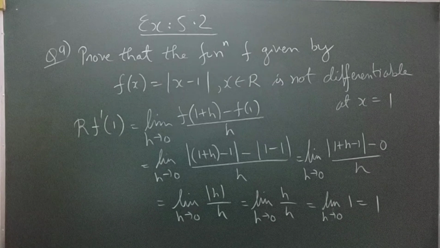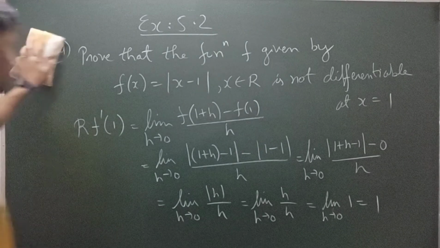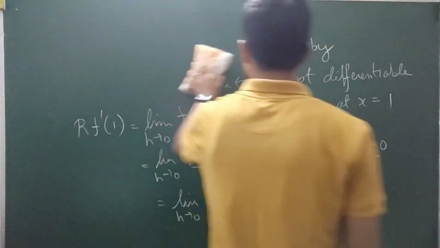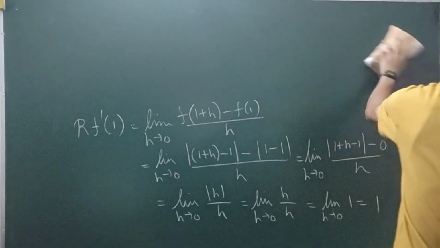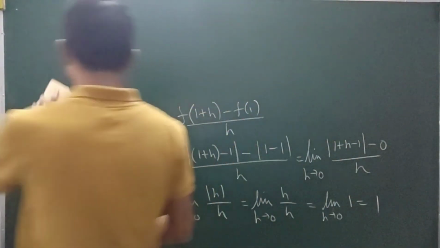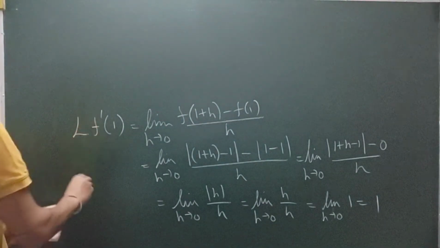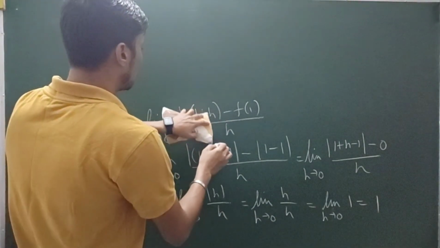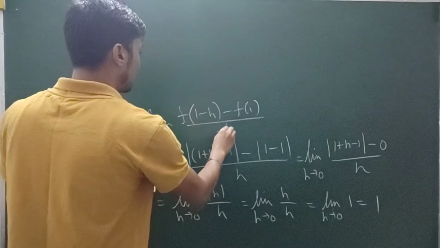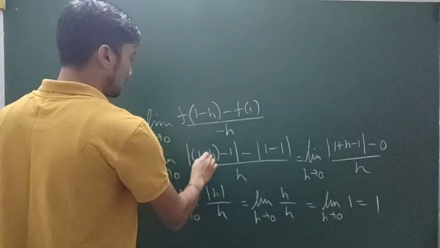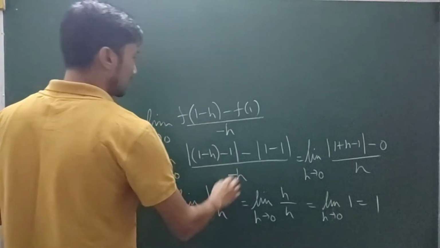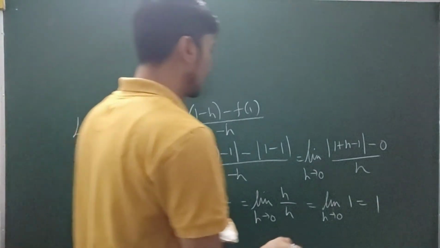Alright, let's go for the left hand limit. So you can start with the left hand limit. Me, that lazy person, I'm just going to rewrite over this. Left hand limit is equal to, so that's going to be 1 minus h divided by minus h. Rest of the things are all going to be the same.